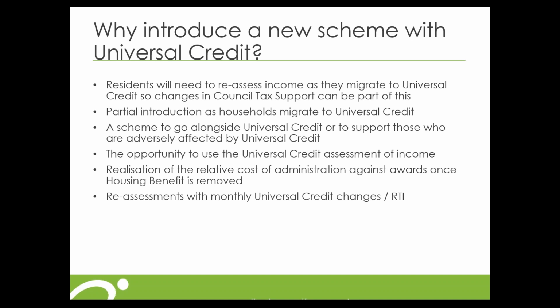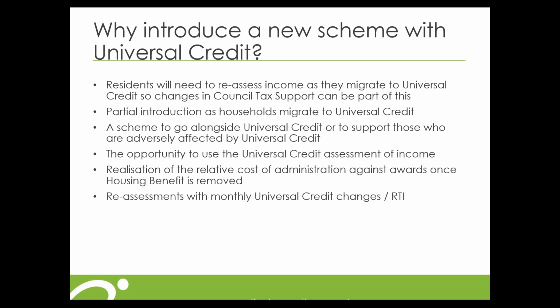So I mentioned a scheme to go alongside universal credit can mean two things: supporting the aims and objectives of universal credit, or supporting those who are impacted by universal credit. There is always the opportunity to use the universal credit assessment as your income assessment, which can really reduce the amount of work being done by local authorities. And I think a lot of local authorities are looking to scheme change to take advantage of this.